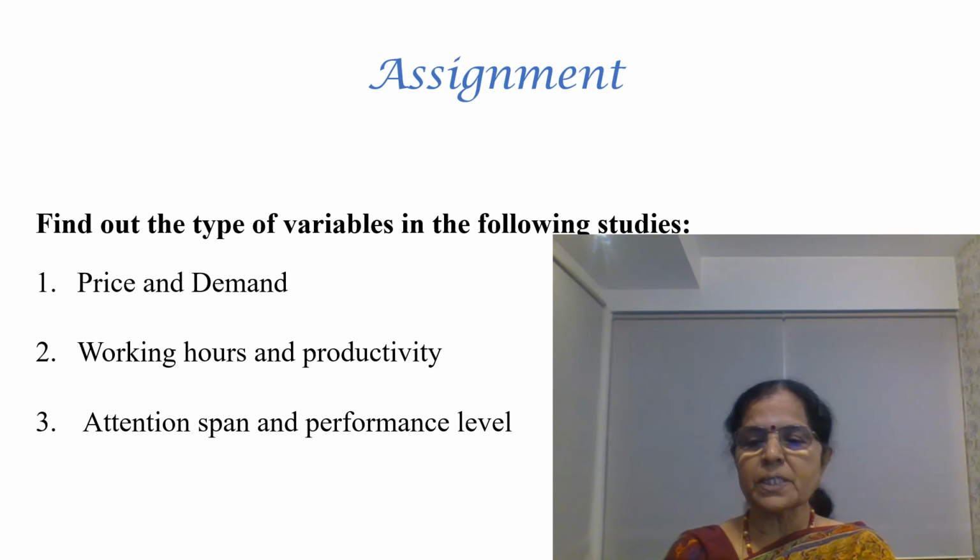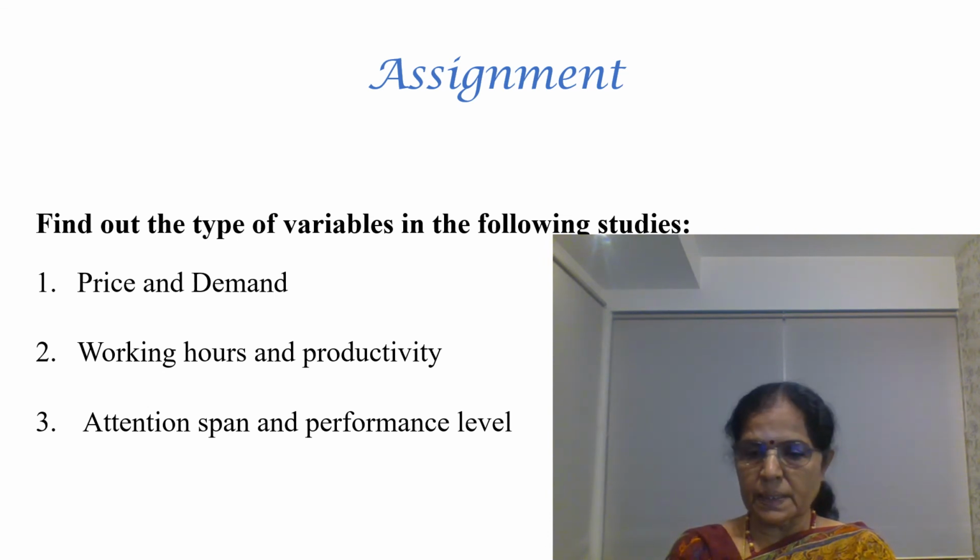Here, these three questions are given. Three research studies are given. So you have to identify the possible variables here, the types of variables possible in these studies. The first one is price and demand. And the second one is the working hours and productivity. The research is on the number of working hours and the productivity.